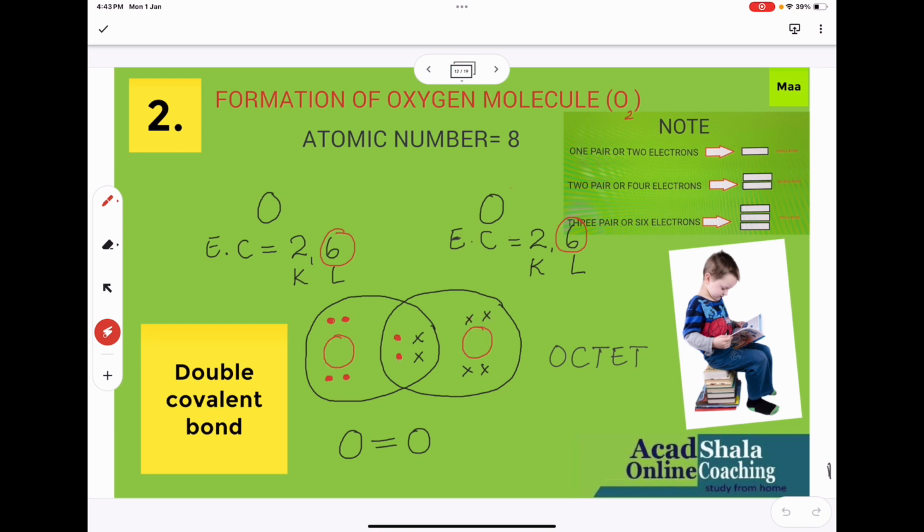If you are okay with this, you can take all the electrons in dot or all the electrons in cross. But I am teaching you so that in the beginning, when you are in the learning stage, you do not get confused and you do not commit any mistake. In many, many books, it can also be shown with the help of all dots or all crosses. So do not get confused.